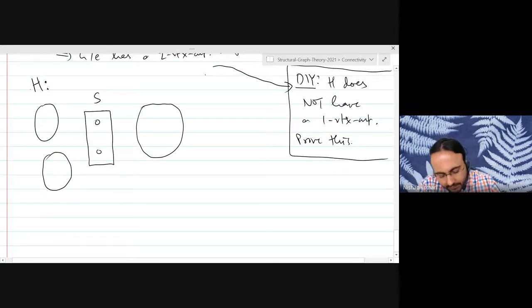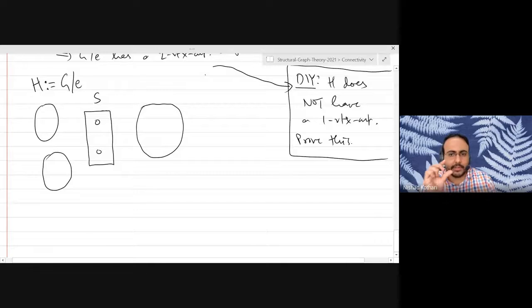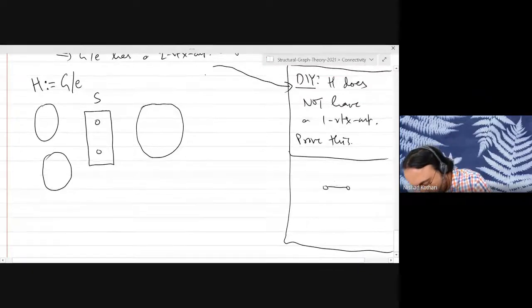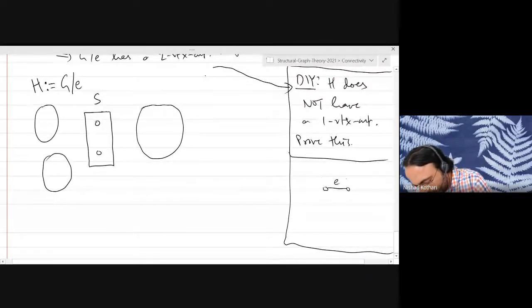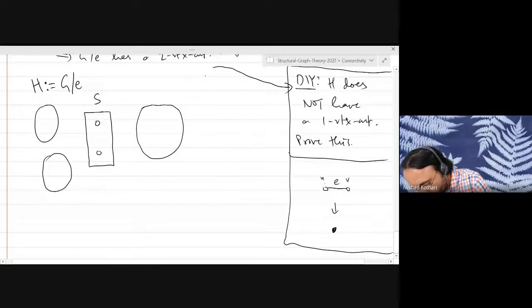So let's look at the graph H, which I want to remind you is G contract E. We have just contracted one edge and we have gotten this graph. So let's think about contraction of an edge again. If E is your edge UV, what does contracting the edge do? It basically converts this edge into a single vertex, like this.